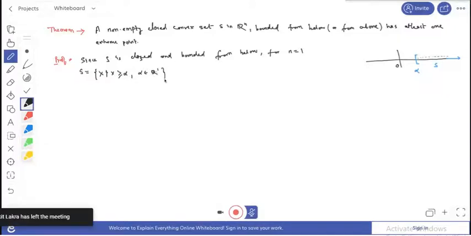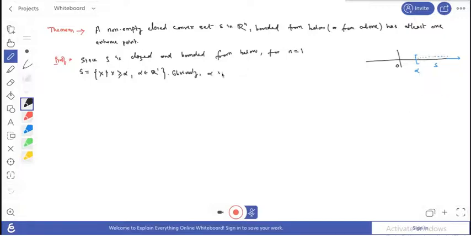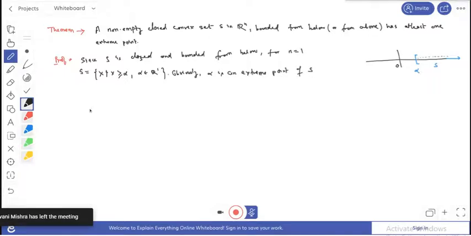This is your set S. And here you see that this alpha is obviously an extreme point of your set S. So this theorem is true for one dimension.